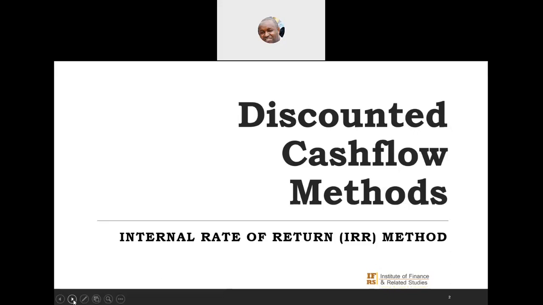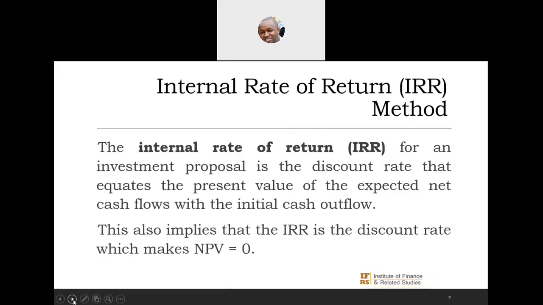There are three major discounted cash flow methods. We have the internal rate of return, which is the subject of this video, the net present value, and the profitability index, which are in separate videos.